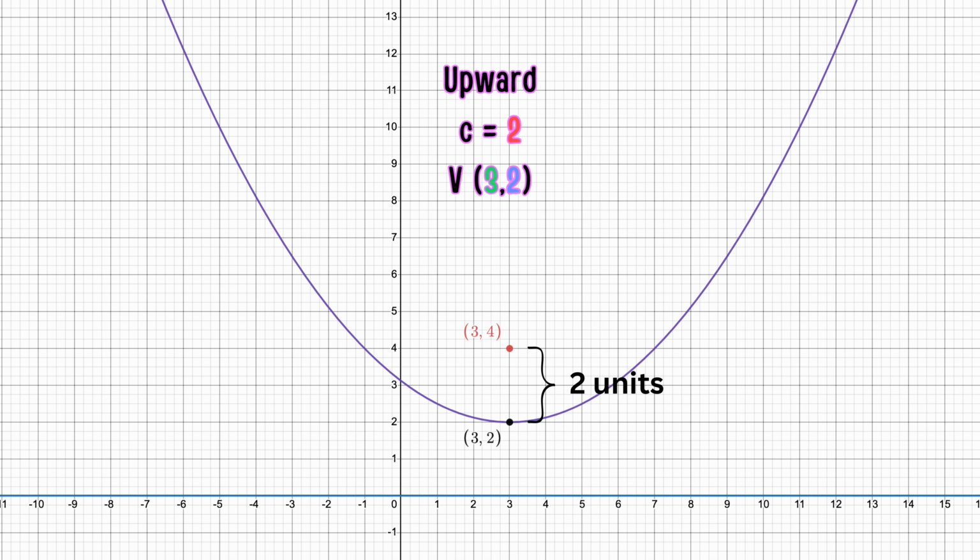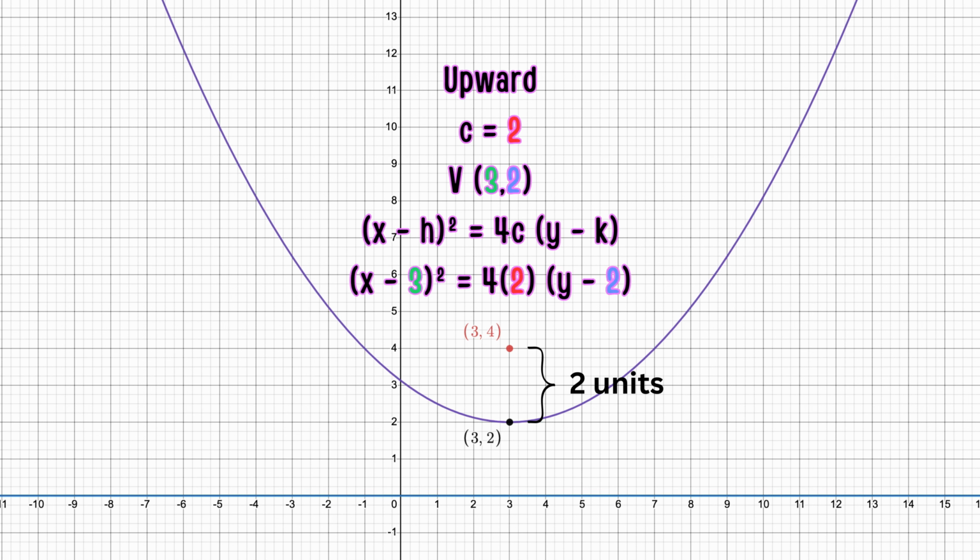Supply these given to our standard form of equation for vertical parabola, which is (x − h)² = 4c(y − k). This will give us (x − 3)² = 4 × 2 × (y − 2), or (x − 3)² = 8(y − 2).